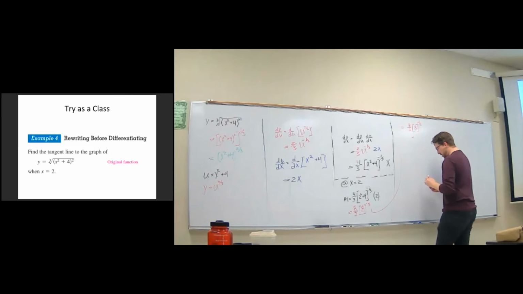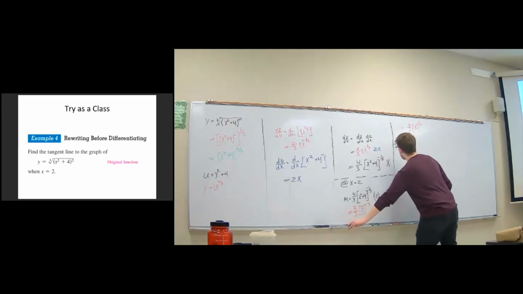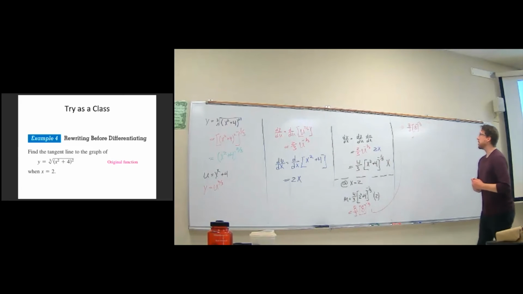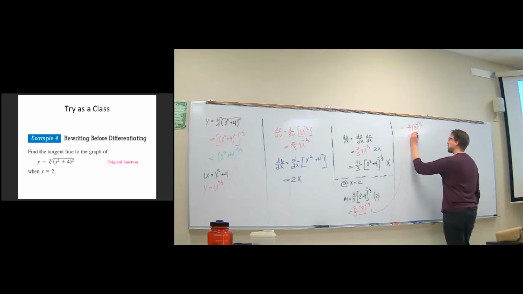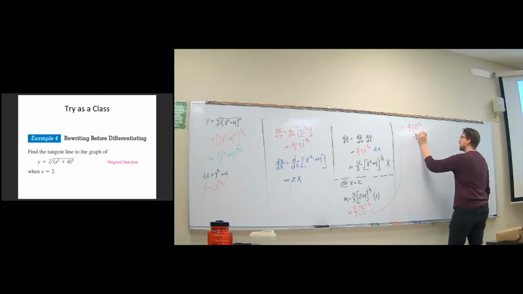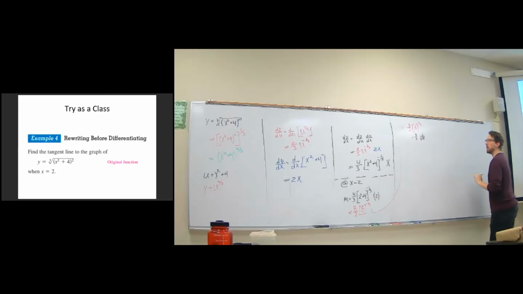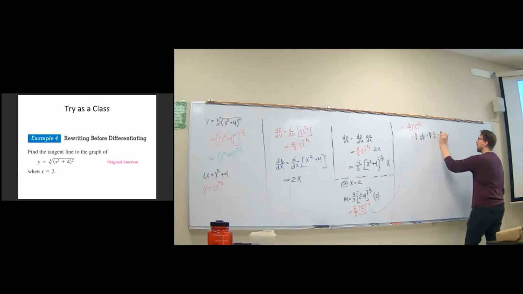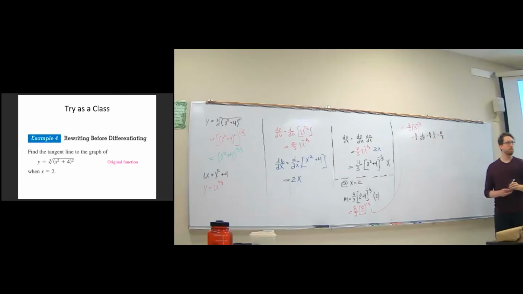This is going to be equal to 8 over 3 times 1 over the cubed root of 8, which is equal to 8 over 3 times 1/2, or just 4 over 3, right?